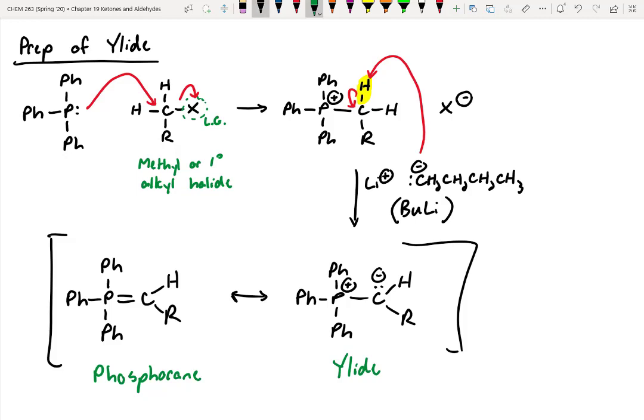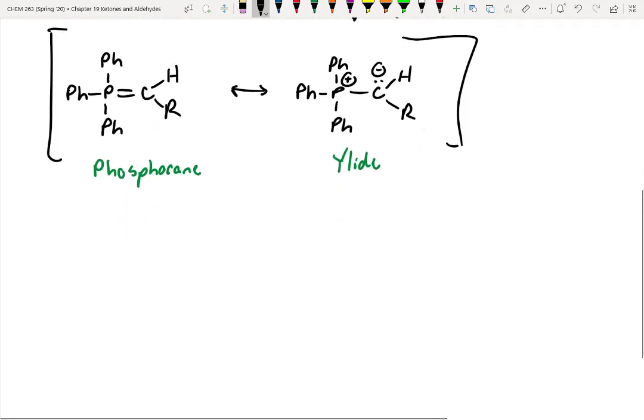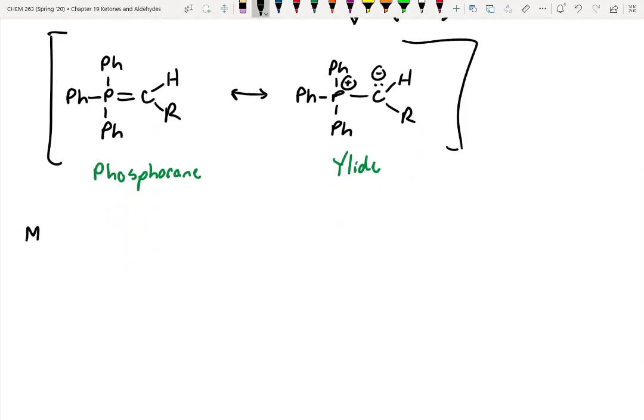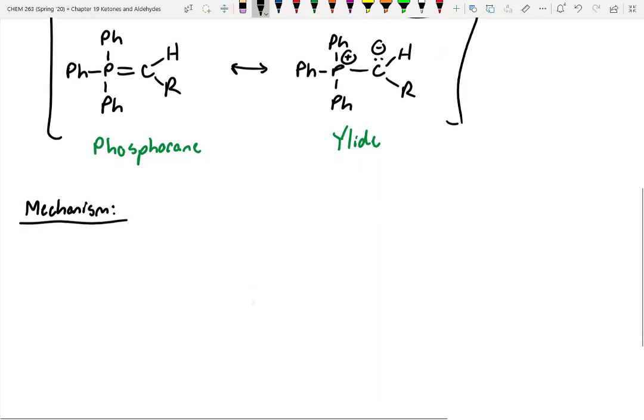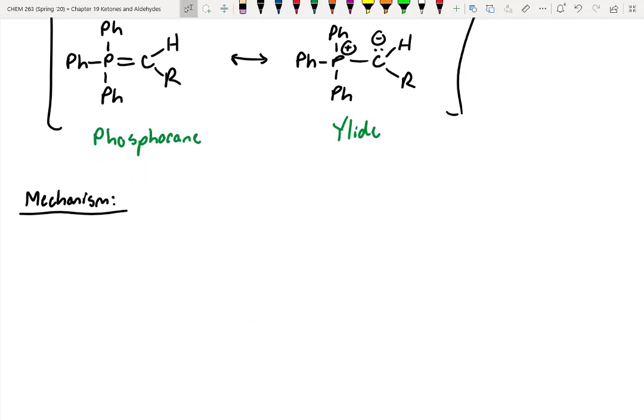All right, so let's take a look at the mechanism. So now that we've got the ylide, we can really do the interesting chemistry. So I'm just going to stick with a simple ketone, acetone, and I'm going to react it with the reagent that we just created.